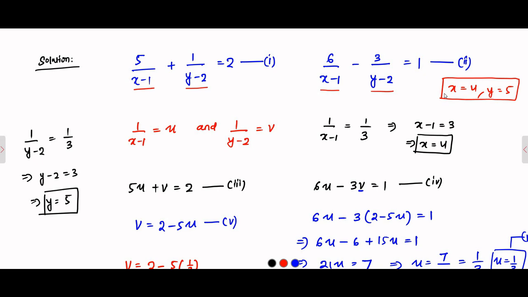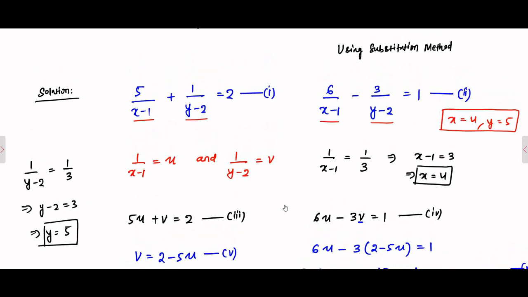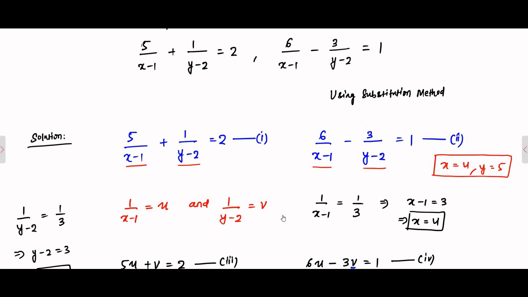Okay, this is the solution. So here we got a slightly different representation, a different format of the two equations. Here we have to identify the similarities in both the equations: x minus 1 and y minus 2 are present in the denominators of both the equations.